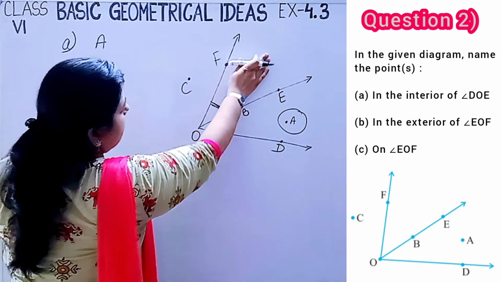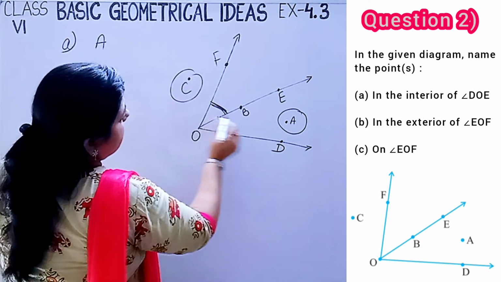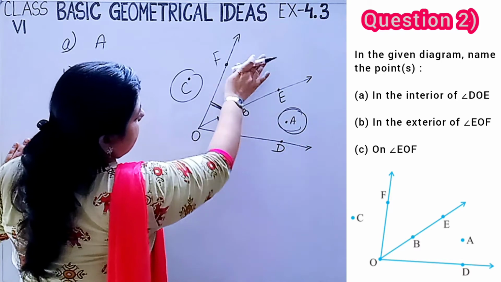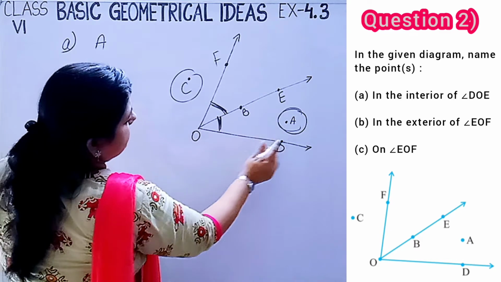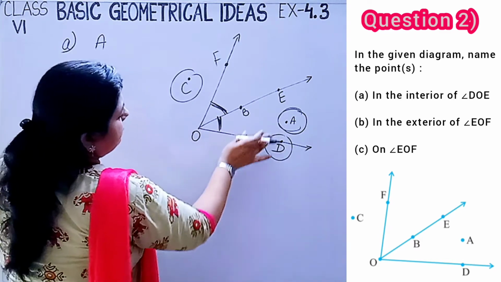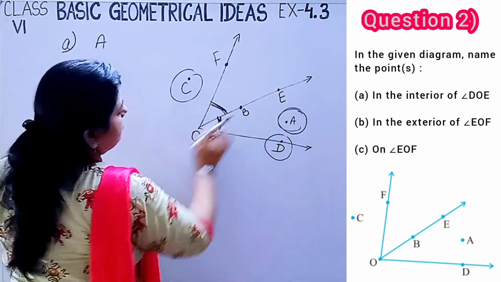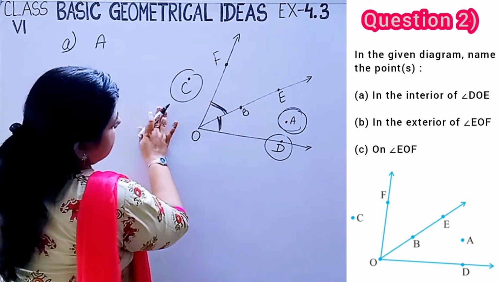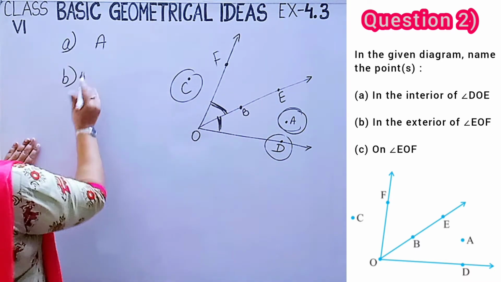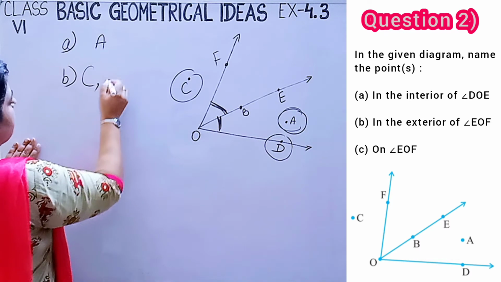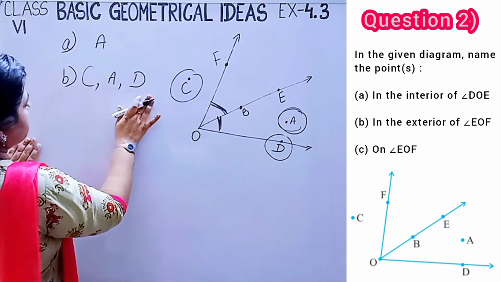So there are C. First one is our C. This A, because this is exterior of this angle. And last one is D. This is also a point which is exterior of FOE or EOF. So answer C, A, D. This is our answer.